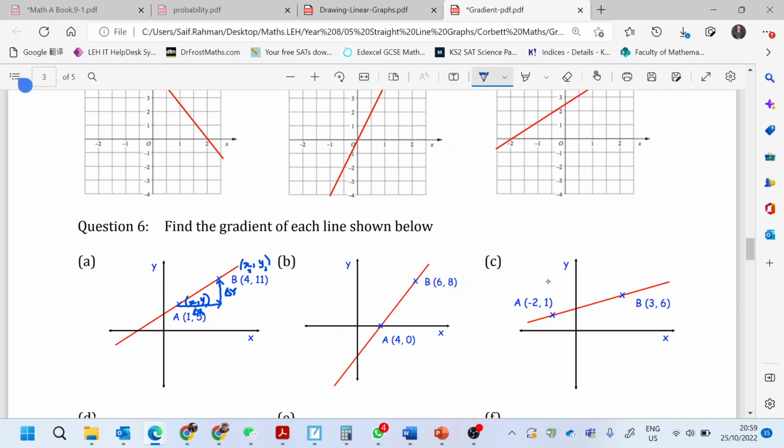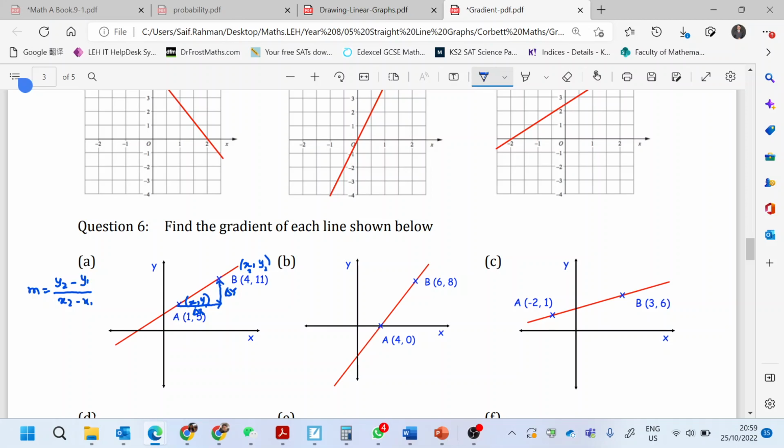But we do have a formula as well, when the coordinates are already given. The formula is m equals y2 minus y1 over x2 minus x1.